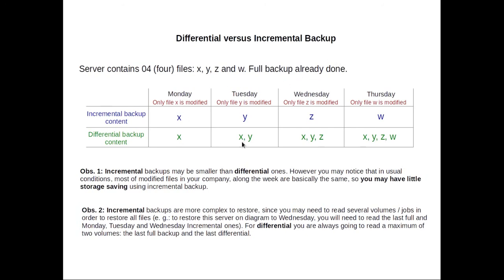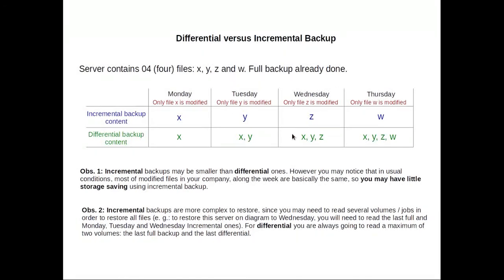Okay, so a differential backup will always copy the difference between the actual list of files, the actual file set, and the last full backup done. The incremental will only back up what is modified since the last backup. On Wednesday, the same thing. If I do an incremental backup, it will copy only Z. If I do a differential backup, it will contain X, Y, and Z.